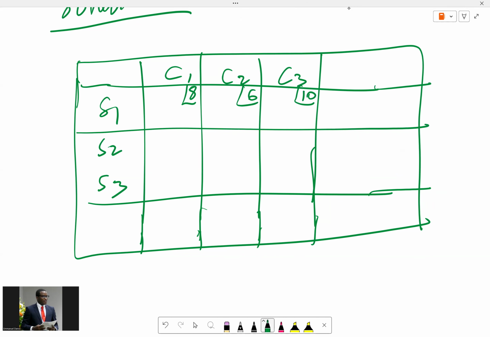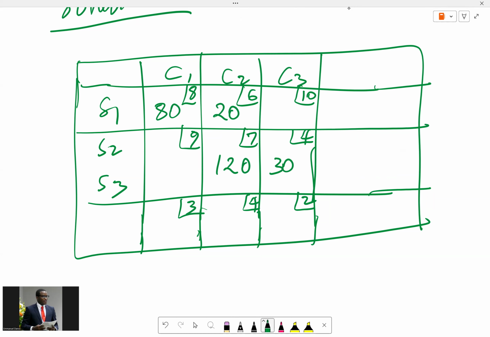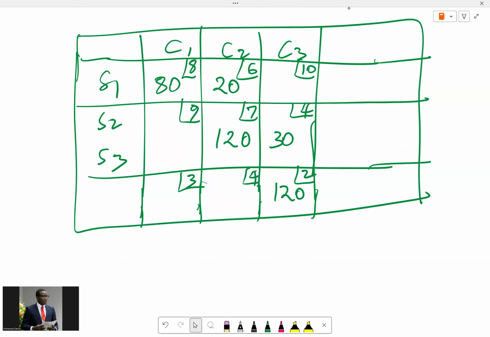Then we have 9, 7, 4. And then this is 3, 4, and 2. And we have the allocations. This is 80, 20, 120, 30, and this is 120 here.